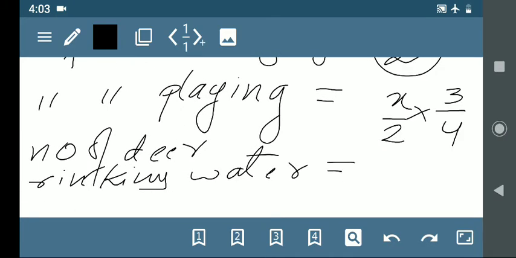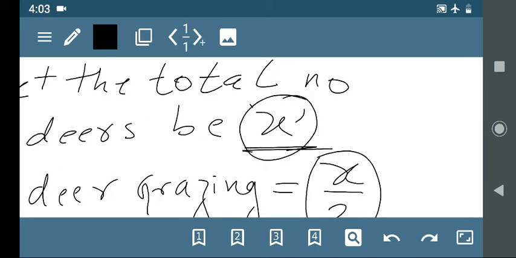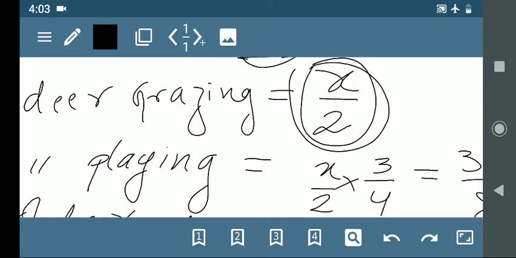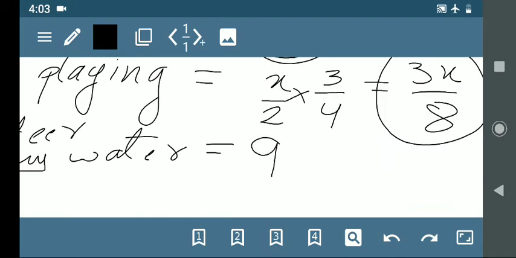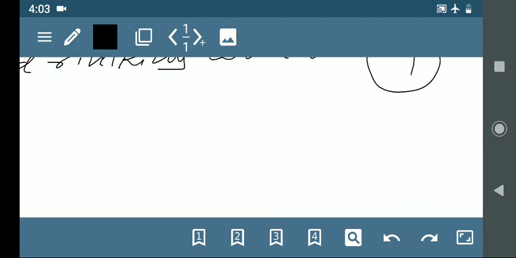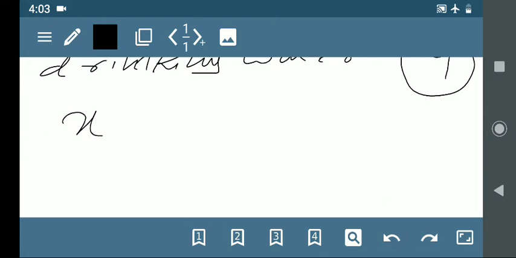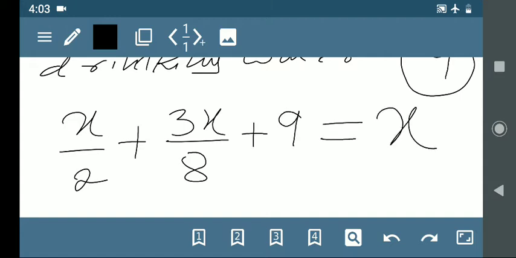So here total deers are x, half of them are grazing, in the remaining 3 by 4 are playing, and the remaining 9 are drinking water. So therefore x by 2 of deers plus 3x by 8, the deers which are playing, plus 9 deers, total deers is equals to x. We have this, right? Okay.